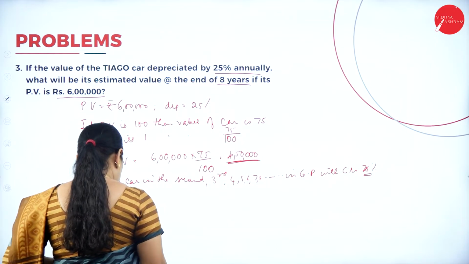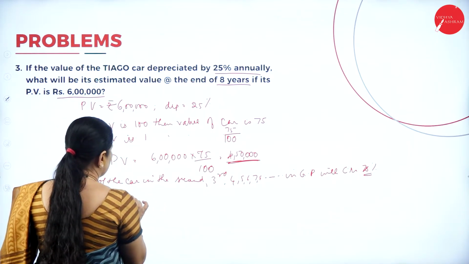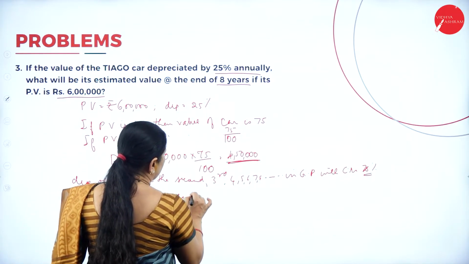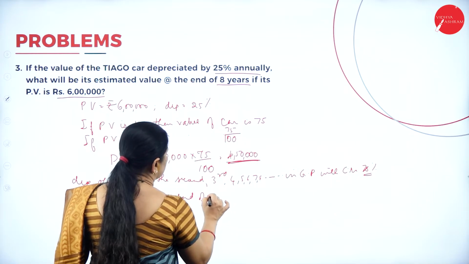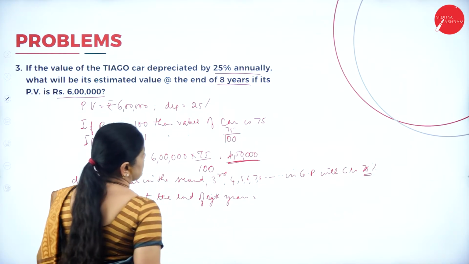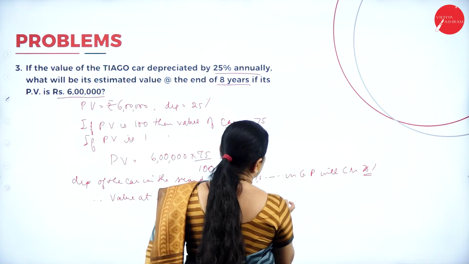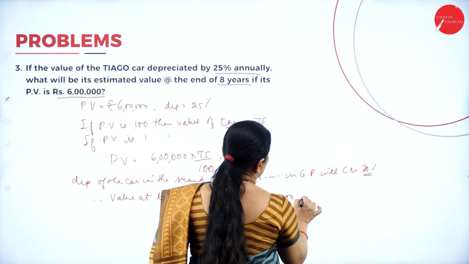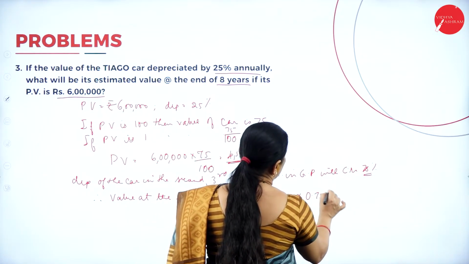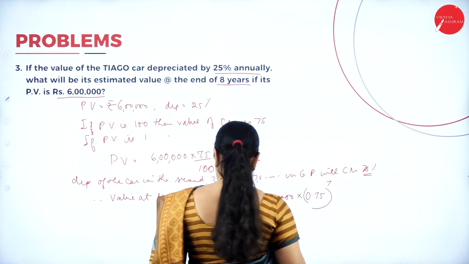So, we get, therefore, the value at the end of 8 years is equal to 4,50,000 into 0.75 to the power of 7.